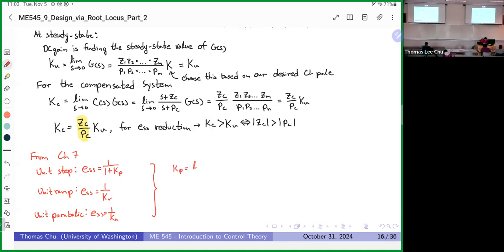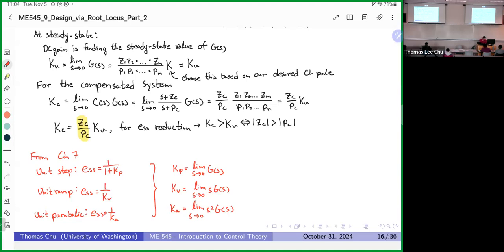KP is equal to the limit as S goes to 0 of G of S, which is the same as our KU. KV is equal to the limit as S goes to 0 of S times G of S, and KA is equal to the limit as S goes to 0 of S squared times G of S. And these are for the uncompensated systems.